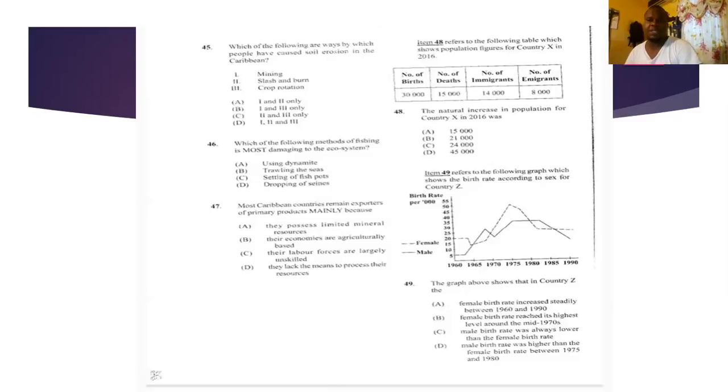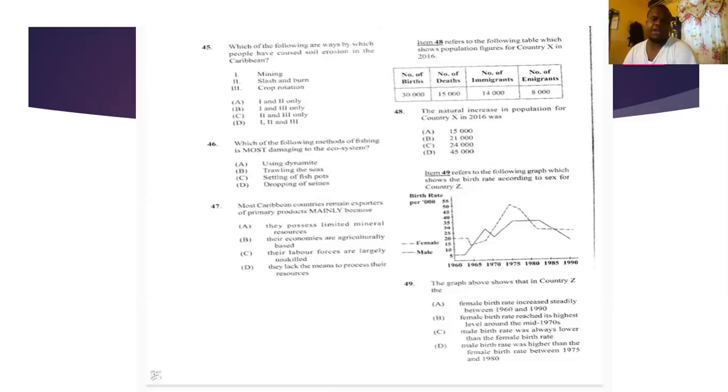You can Google it for yourself. I used to say dynamite until a student pointed out to me that trawling is more destructive, and I actually researched it for myself, and the answer is in fact trawling the seas.